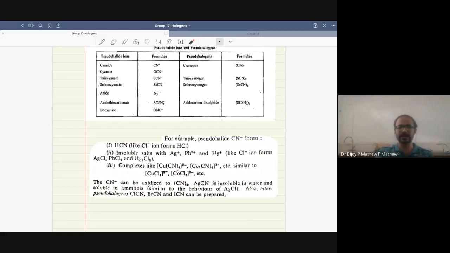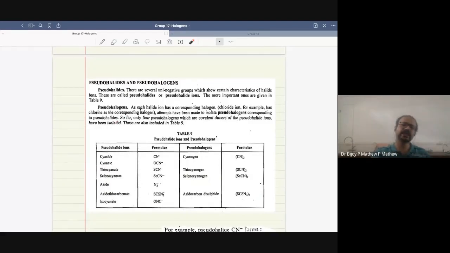That is why I am saying these pseudo halogens are very similar in their reactivity as well as the compounds they form, and that is why this name, pseudo halogens, is very apt: they are very similar to halogens but they are not halogens. That's why this terminology of pseudo has been brought in.